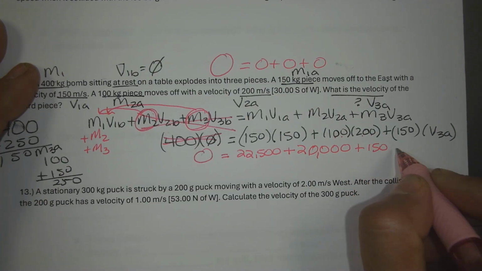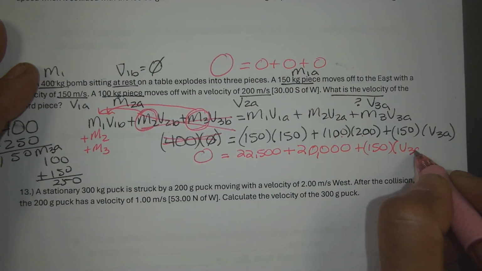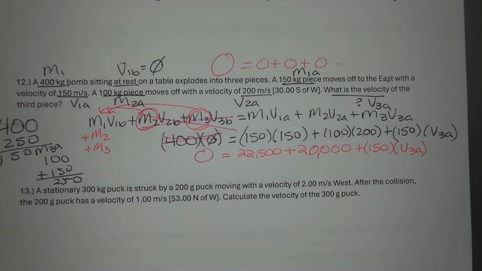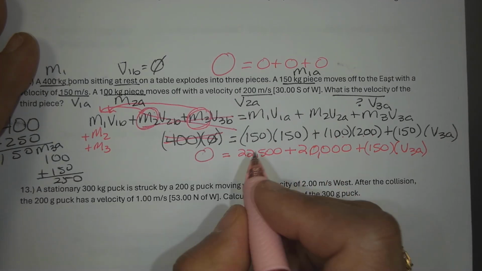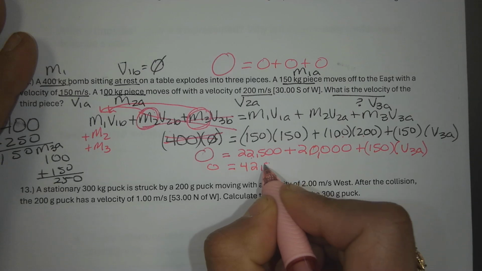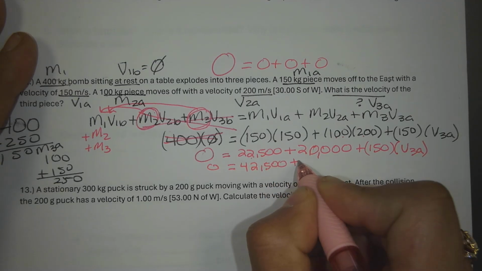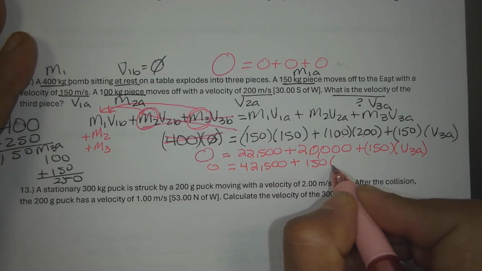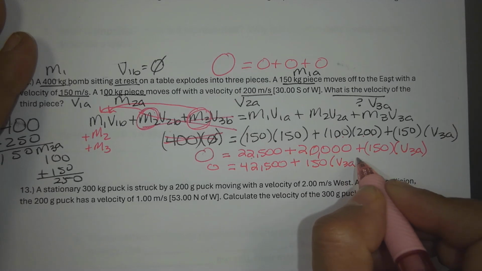Plus 150 multiplied by the velocity of object 3 after. Hopefully that's what you've got. I'm going to go ahead and do just a little simplification and add those two numbers together. 0 equals 42,500 plus 150 times V3A.